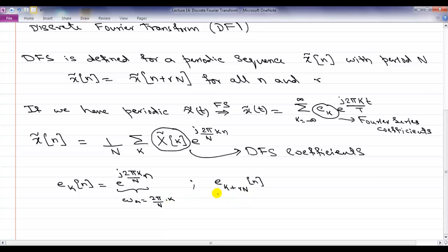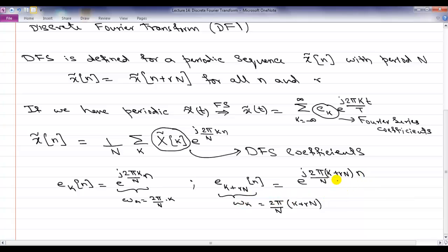This has a frequency of omega k equals 2 pi over n times k plus Rn. Okay, so it is e to the j 2 pi k plus Rn over n times little n.